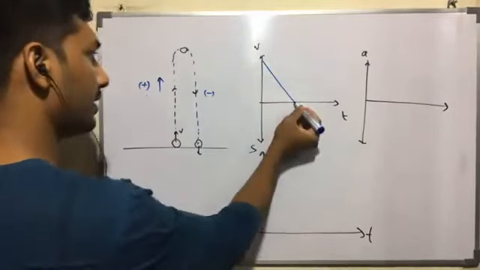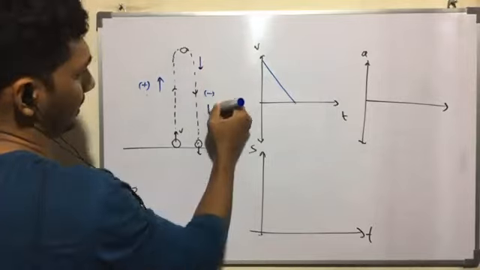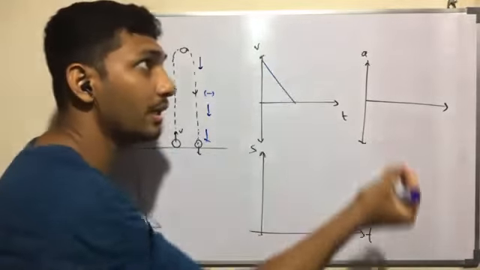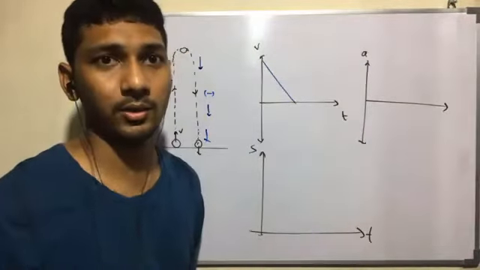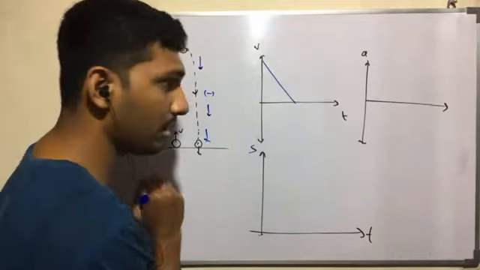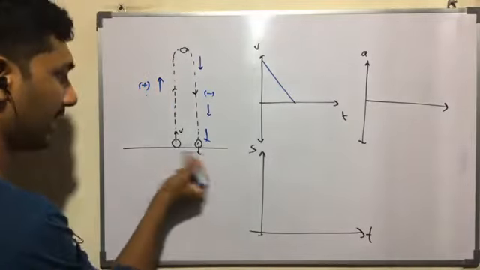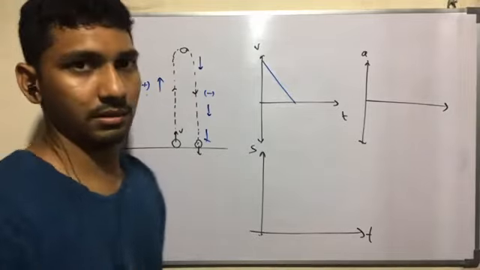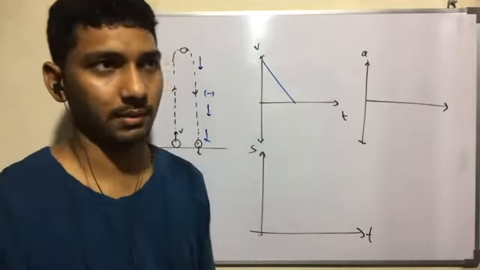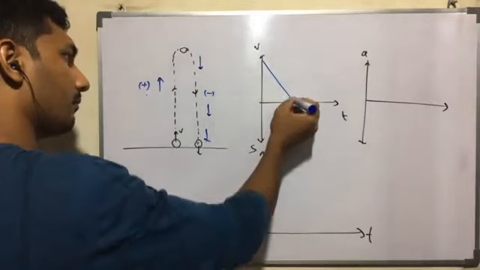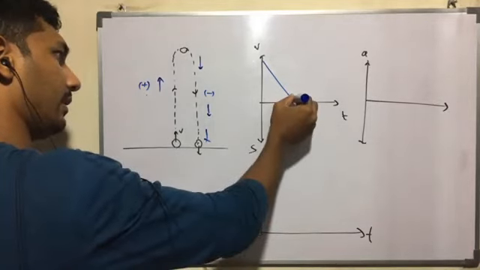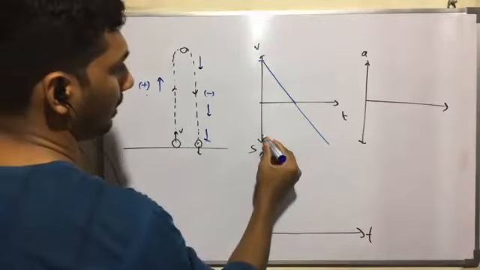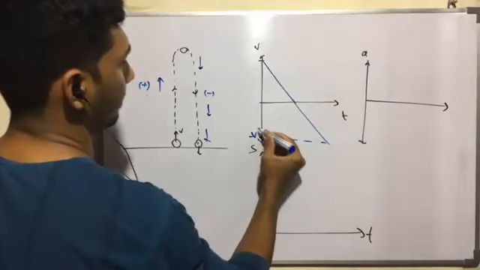And then after becoming zero, it is accelerating in this direction. When it comes down, it will accelerate, increase the velocity, and it will hit the ground with the same velocity as it was thrown. So it will come like this, and this velocity will be minus v.